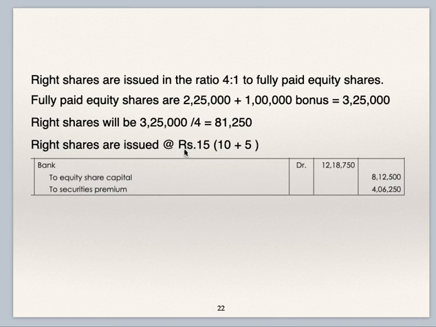Right shares are issued at 15, 10 would go to capital and 5 would go to securities premium. Bank account debit 12 lakhs 18,750, 81,250 multiplied by 15, to equity share capital account 81,250 into 10, to securities premium account 81,250 into 5.